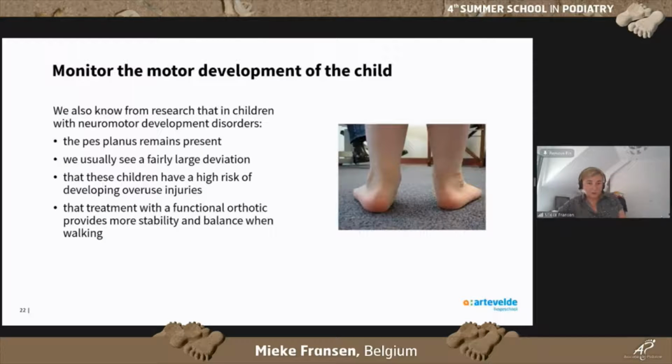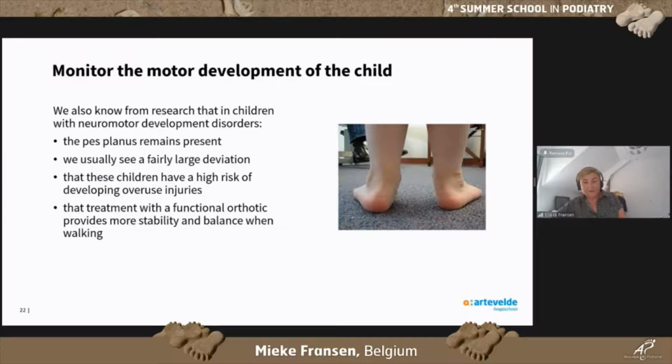We also know from research that in children with neuromotor development disorder, the flexible flat foot remains present even after the age of 7. We usually see also a very large deviation, a large eversion of the calcaneus due to hypotony.